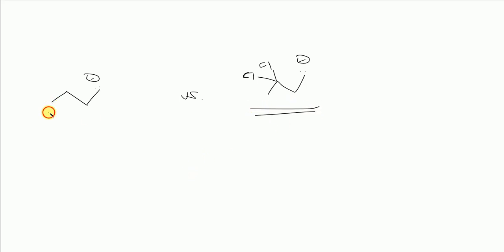If you had to compare. But why is that? Well, the reason for that is this one has nothing to stabilize. There's no resonance. They're the same atom, and there's no resonance over here, same atom. But what's happening is chlorine is very electronegative, and like I said, those electronegative atoms pull electron density towards them.